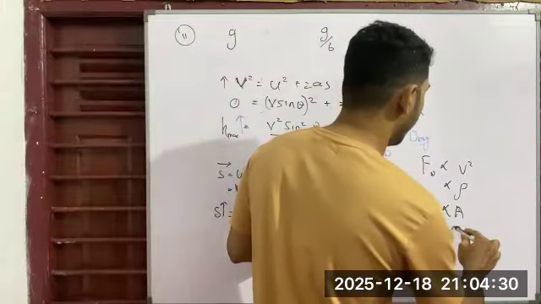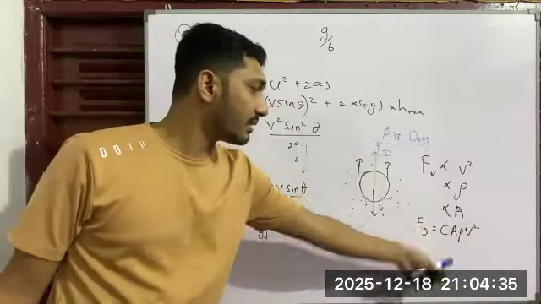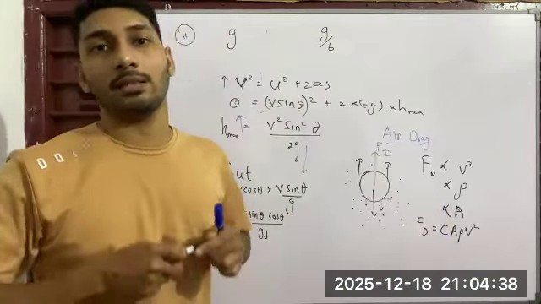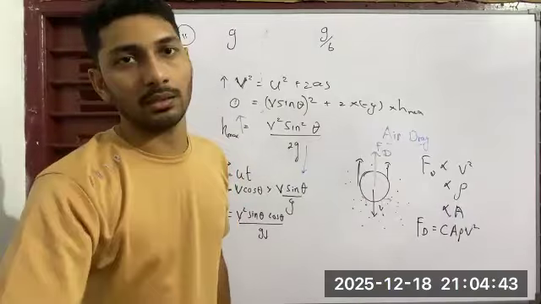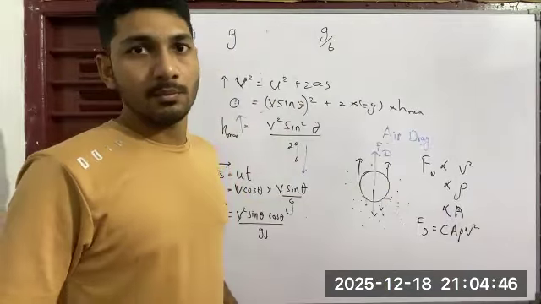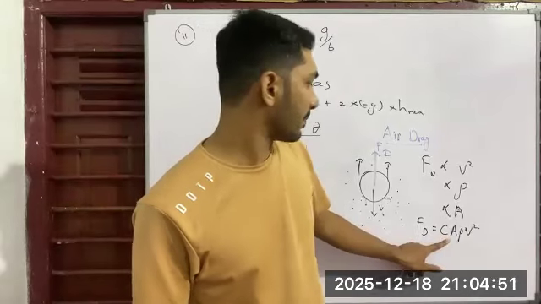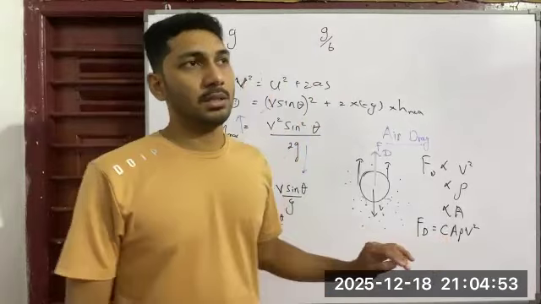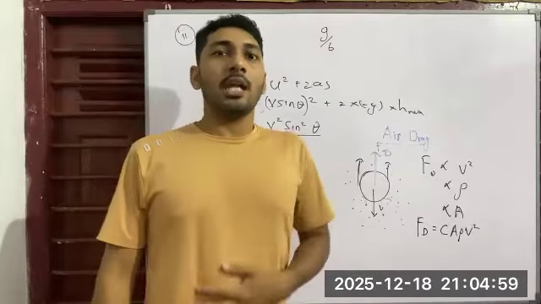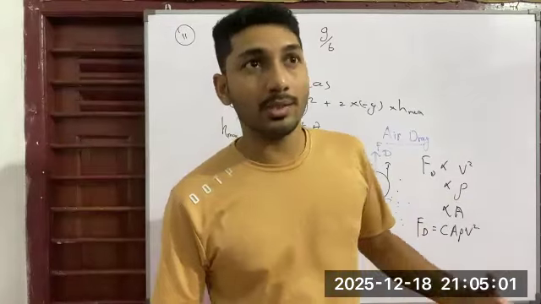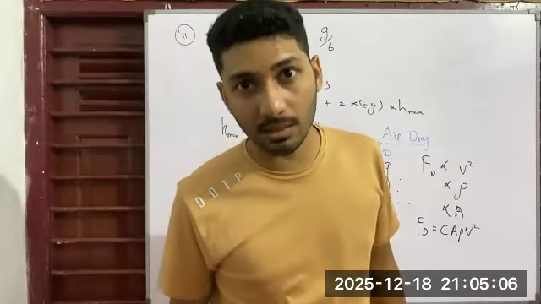When you make it into an equation, drag is equal to C A rho v squared. This C is the coefficient of air drag. That is a constant for the shape of the particle, this object. It depends on the aerodynamics. Using this, you can design the shapes of objects. If you compare a car or van to a CTB bus that has a flat face, the coefficient is definitely higher for that bus.